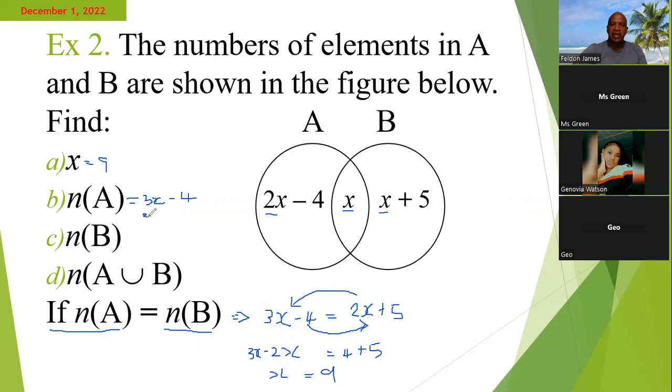So this becomes 3 times what? 3 times 9 minus 4. 3 nines give you what? 27. So 27 minus 4 gives you 23, sir. So the number of elements in A is 23.